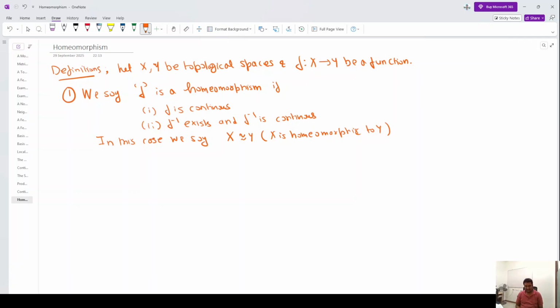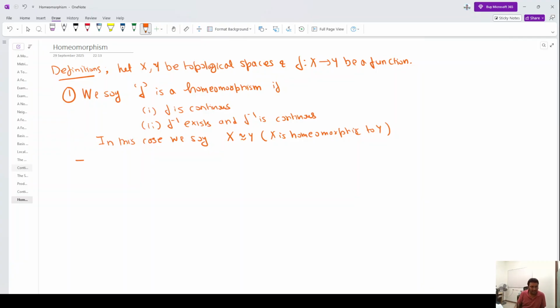So basically, if I have a homeomorphism between two topological spaces, those are the same for me in the category of topological spaces, or if you don't know the category, in the collection of topological spaces.